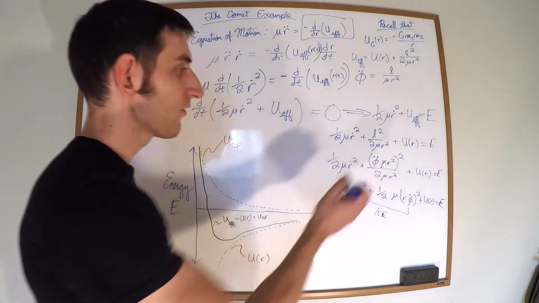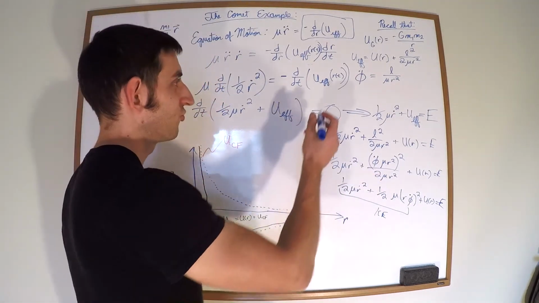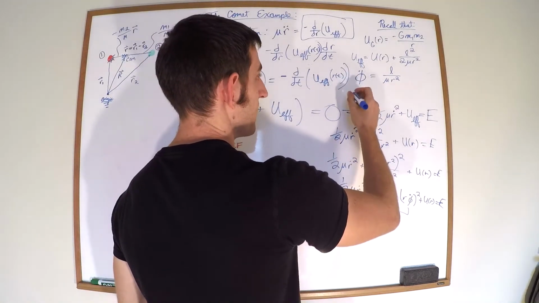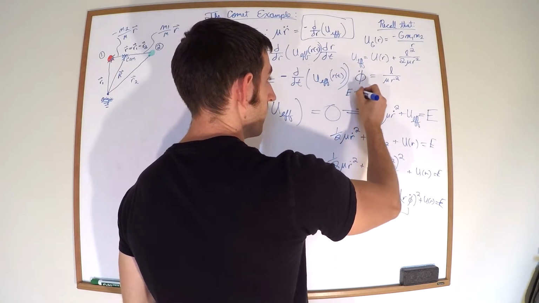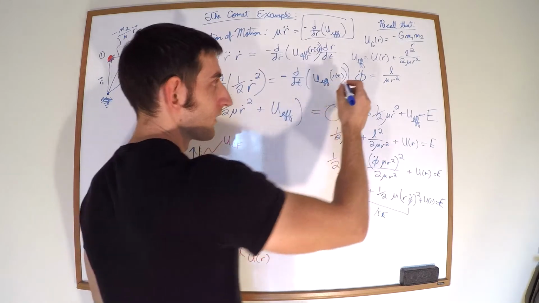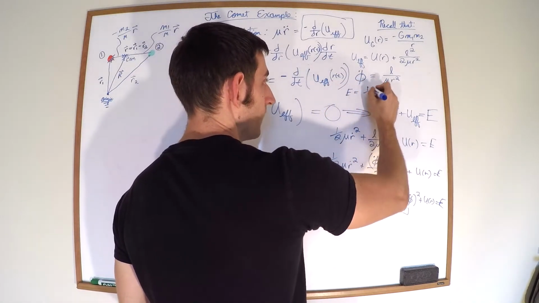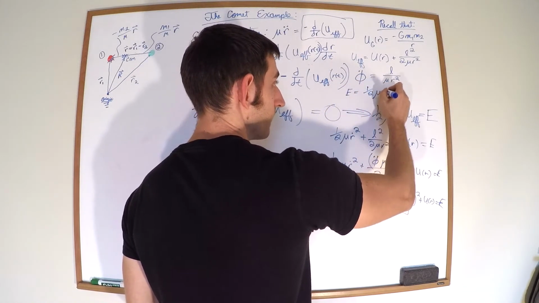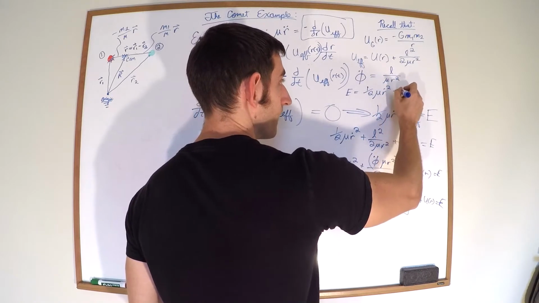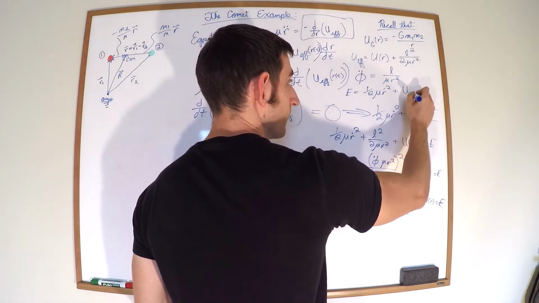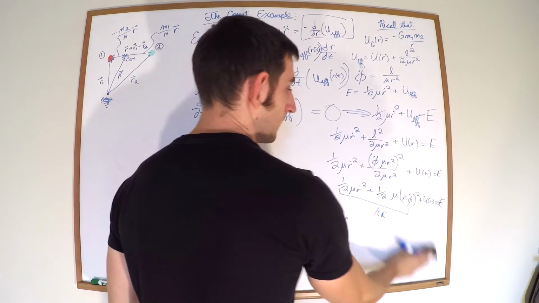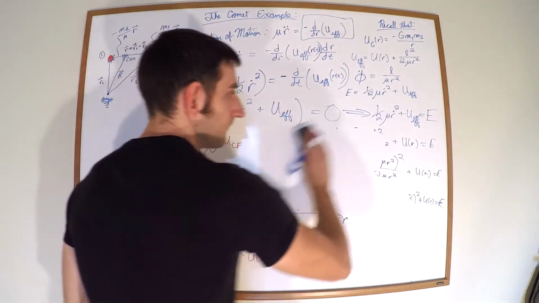Okay, so I'm going to write this up just to make some board space. So the total energy is 1/2, not surprisingly, r dot squared plus the effective potential energy. All right?